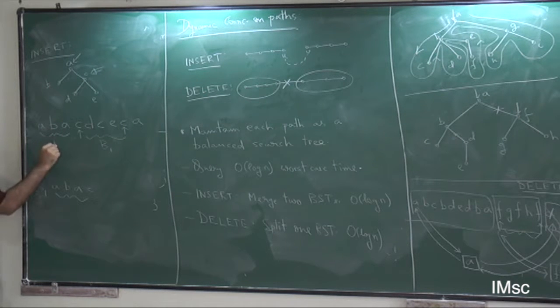So, if this part is B2, it will become B1, B2, C. Okay. But you can just check out exactly what is happening.